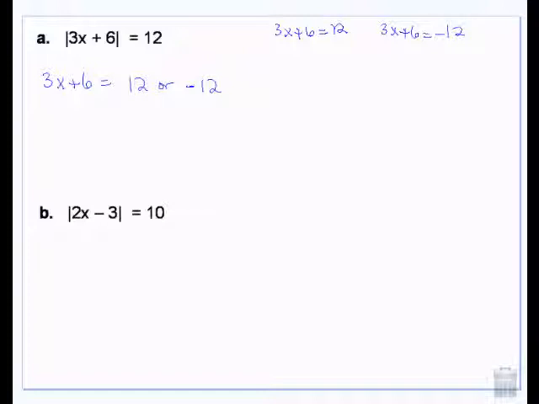If you do this, though, whatever I do to both sides here, I'm actually going to have to do to 3 places. I need to do it to both sides, but I have 2 things happening on the second side. So if I subtract 6, I have to subtract 6 here, here, and here.